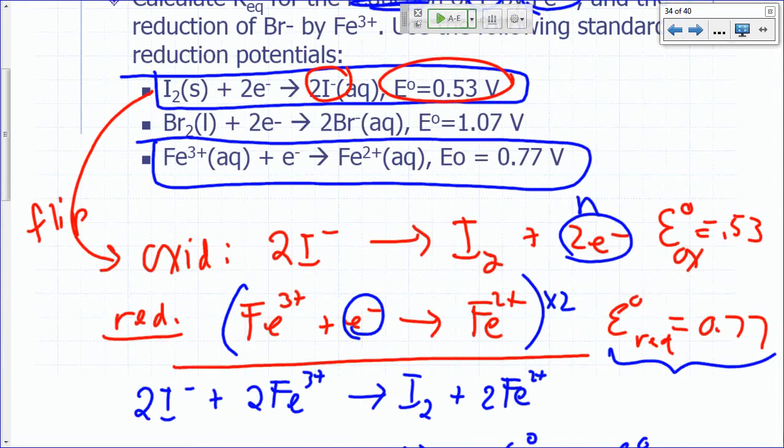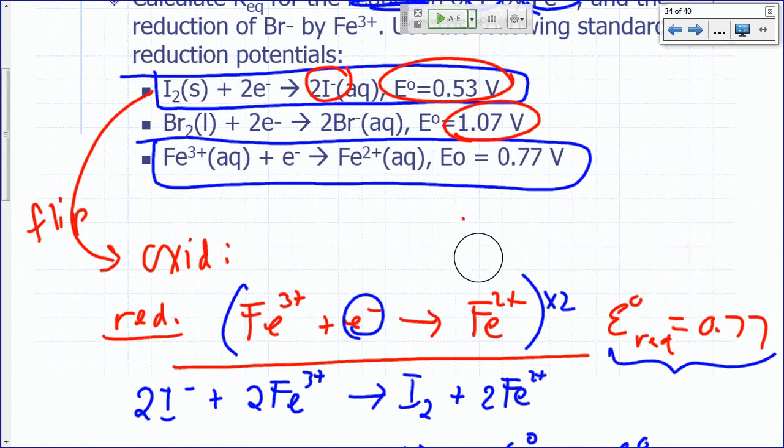Okay, so let's try the other case. This time let's do bromide. Instead of 0.53, we're going to use 1.07. So our oxidation potential for bromide this time is going to be, you're going to do 2 bromide yields Br2 liquid plus 2 electrons.